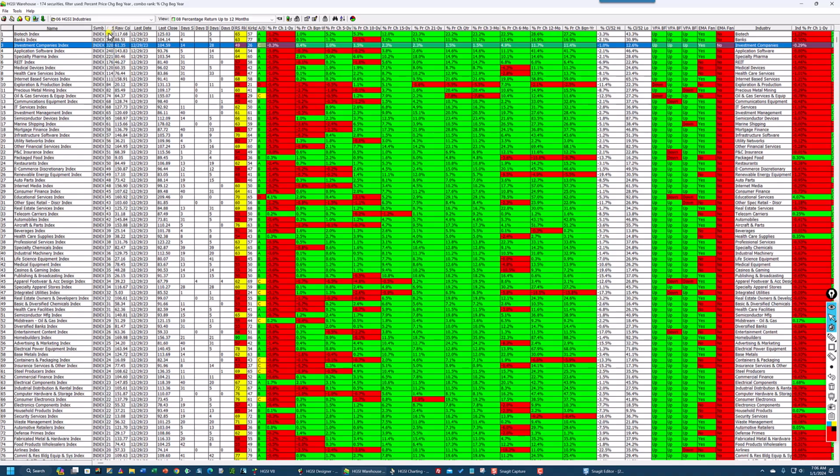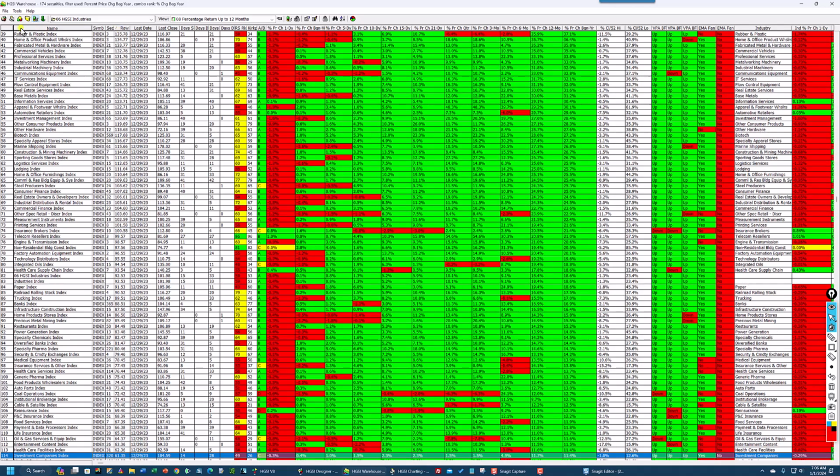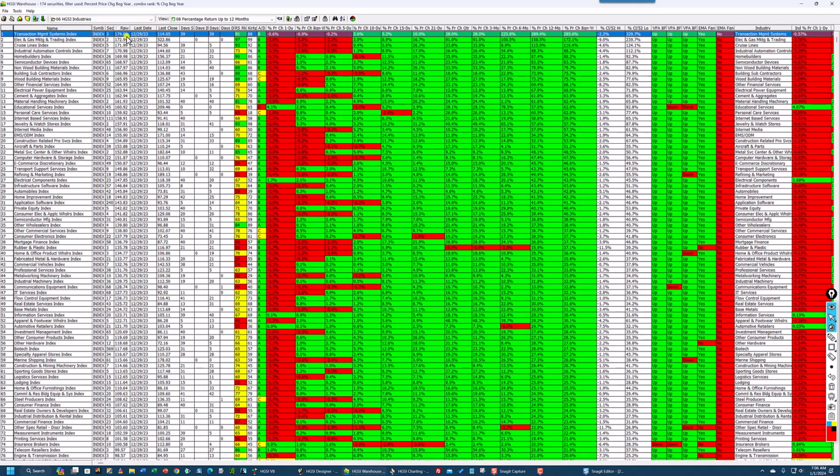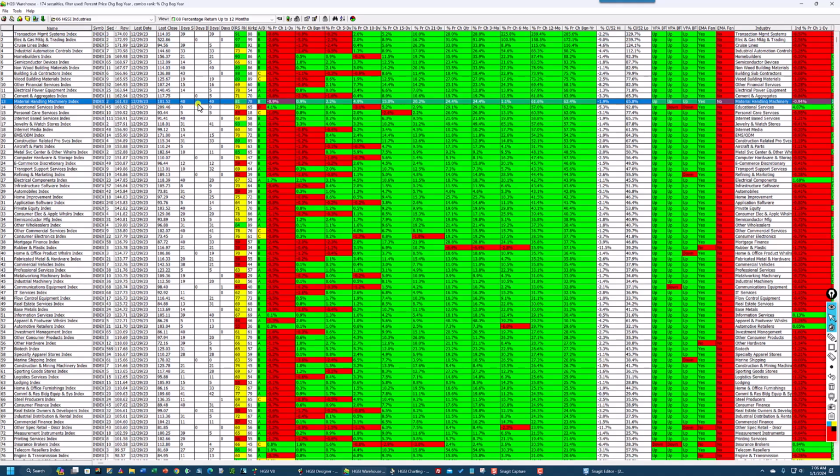So I thought this would be helpful for users to quickly get a read on a group before you spend too much time analyzing a group or looking at a group. If there's only 2 stocks in a group, you won't have to invest a bunch of time analyzing that group. But when you get into these larger groups, then you can look for the better stocks in the groups using relative strength and some of these other indicators that are in here.